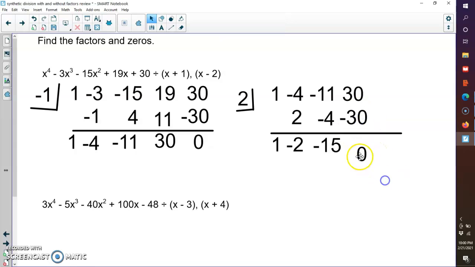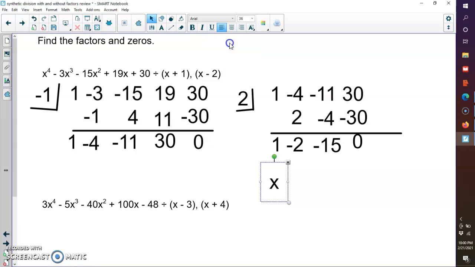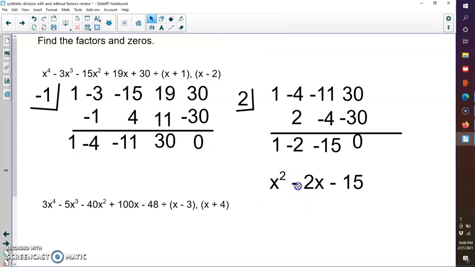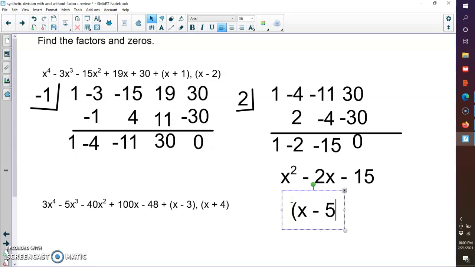All right. And now I'm going to factor. X squared minus 2x minus 15. When I factor that, I get x minus 5, x plus 3.